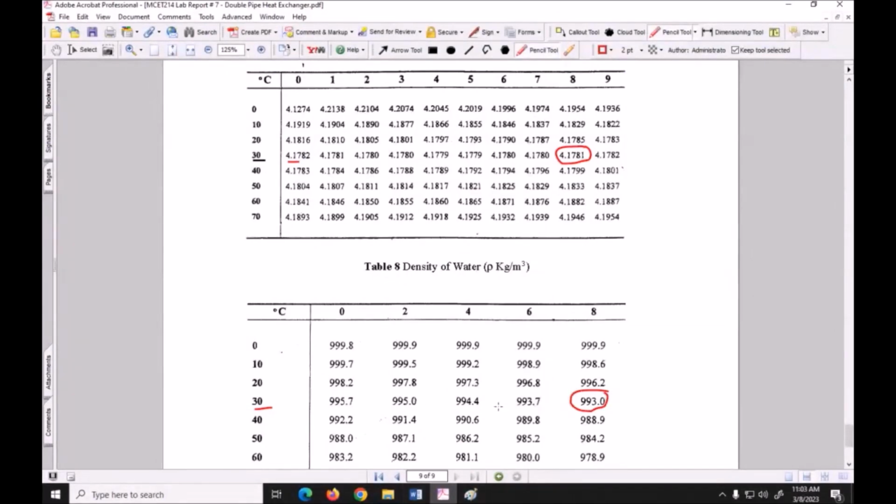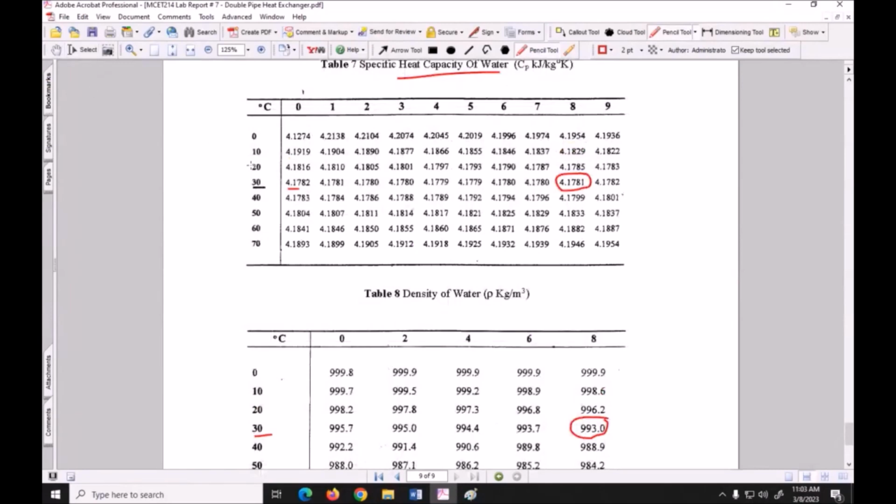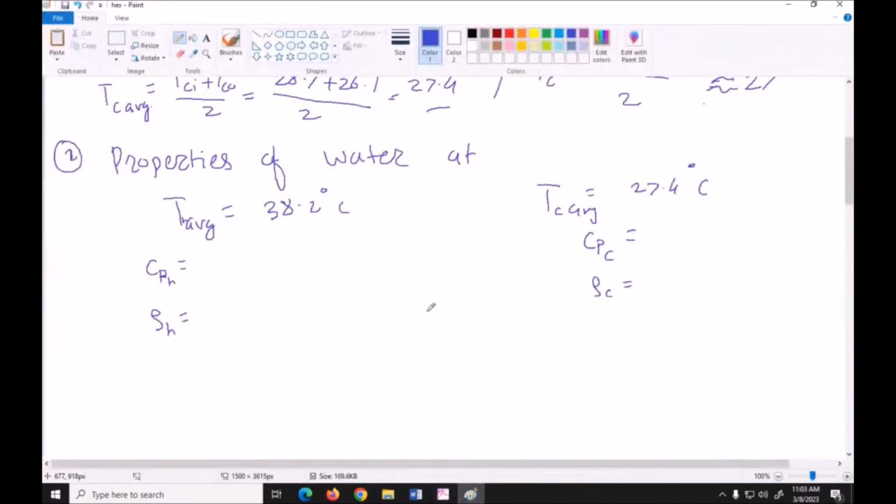Same for cold, it is 27. Where is 27? This is 20, so for cold water, 27 is here, and density is in between these two, 996.4. So we can write these properties in the table, properties of water at the average from the table.